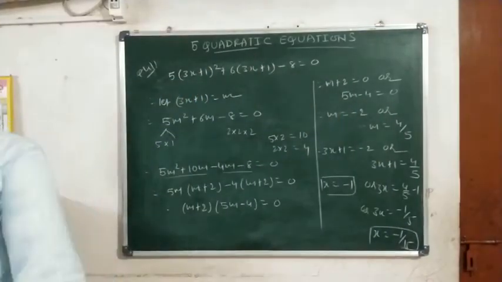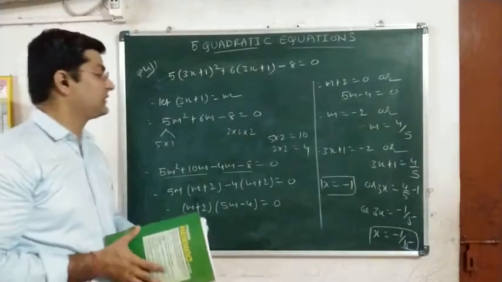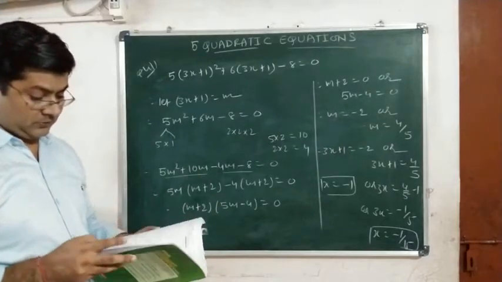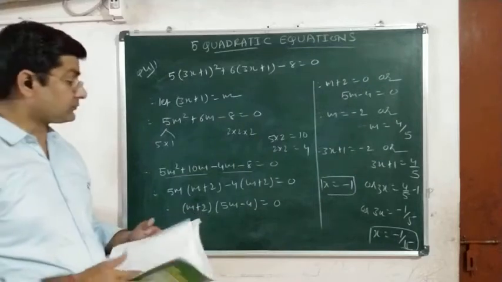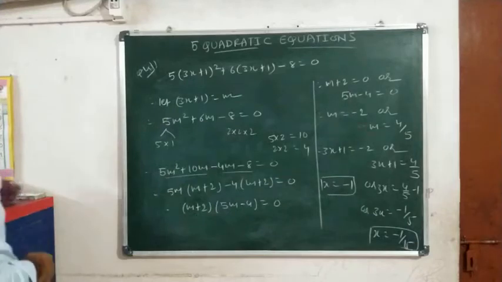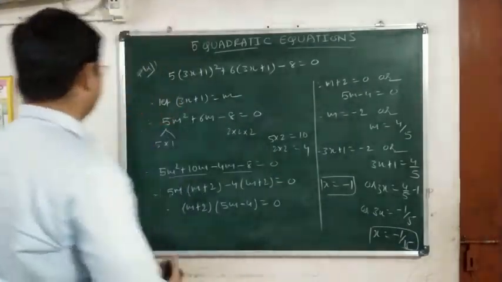Clear? So we got two values of x. One is minus 1 and the other one is minus 1 upon 15. So you can write down the solution set containing two elements, minus 1 and minus 1 upon 15.